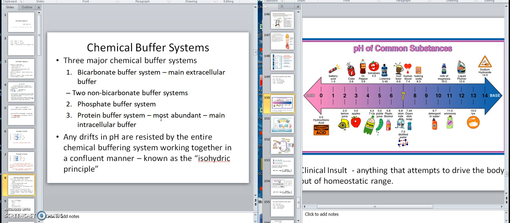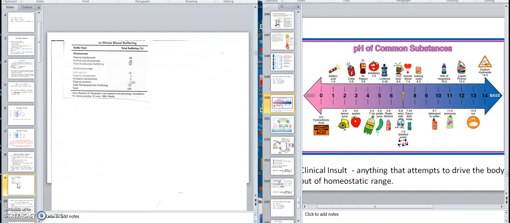So an acidic amino acid can soak up a base, and a basic amino acid can soak up an acid. Now, all of these buffers are communicating with one another. That means all of them are working together. That's why they call it the isohydric principle. They're working in a confluent manner, so they're not working independently. They're all helping each other out. Now here comes from a medical book, to show you, it's hard to see, if this is 100%, you're showing it in a percentage as to who contributes so much to everything.